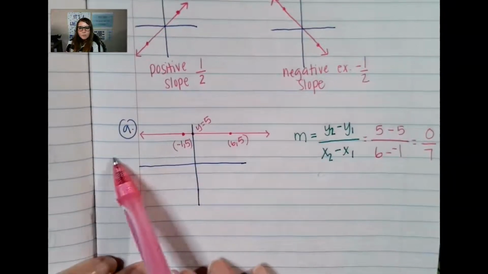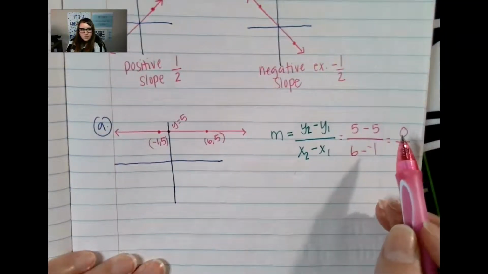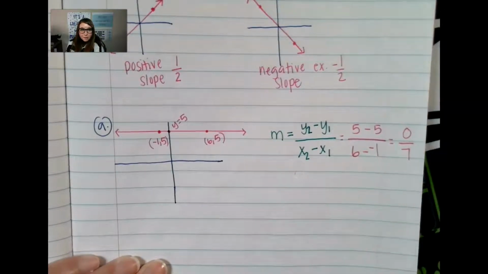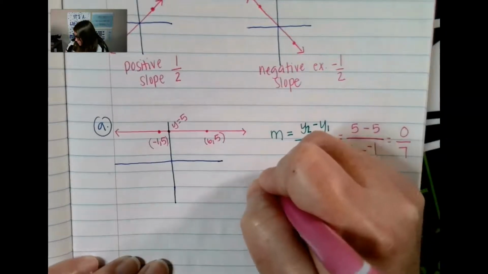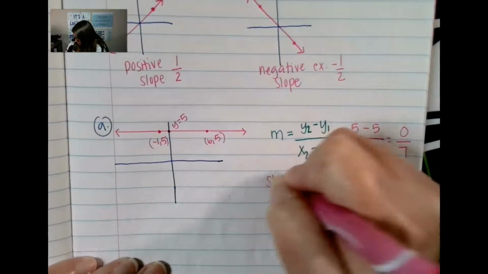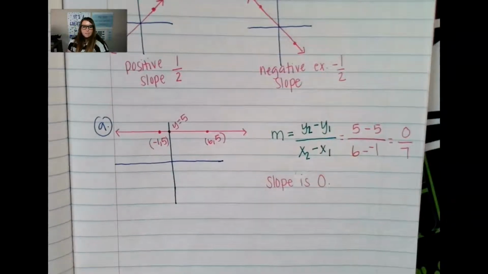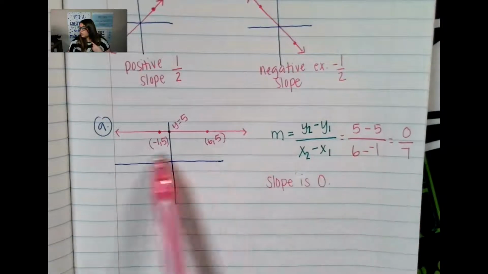It only goes back and forth with 0 here. So 0 over 7. So nothing out of 7 is the same thing as saying the slope is 0. Okay, so our slope is 0. Okay, so that is our first slope.